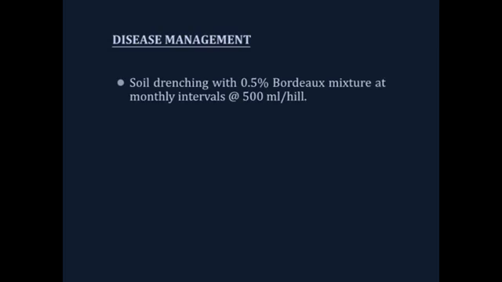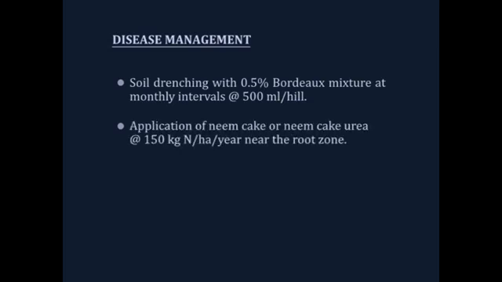Soil drenching with 0.5% Bordeaux mixture at monthly intervals at the rate of 500 ml per hill. Application of neem cake or neem cake urea at the rate of 150 kg nitrogen per hectare per year near the root zone. This is about the management of the disease.